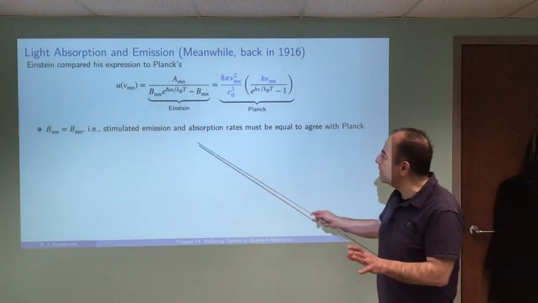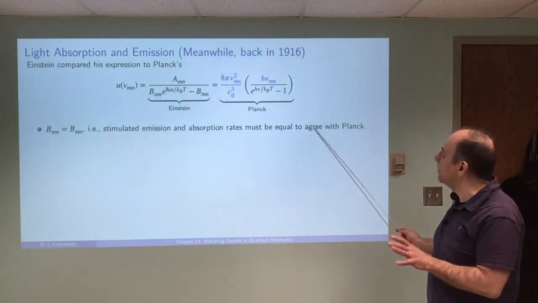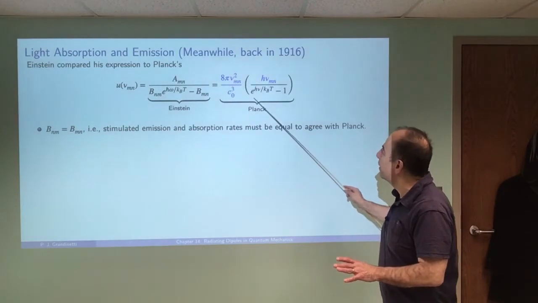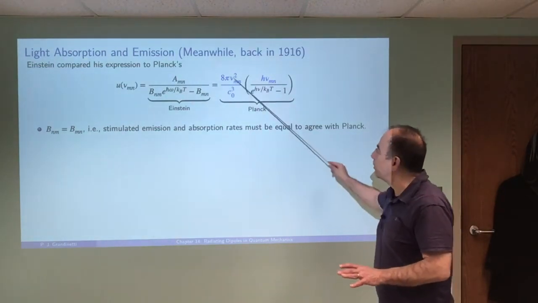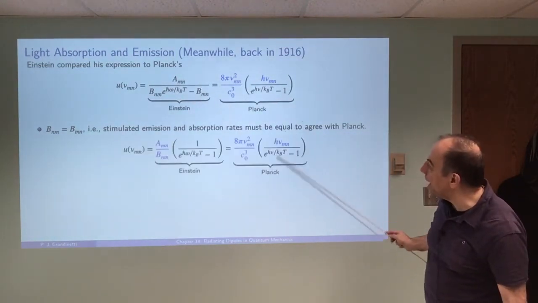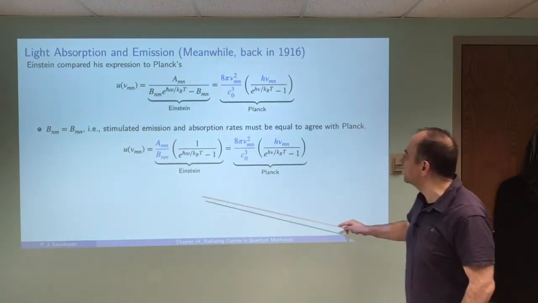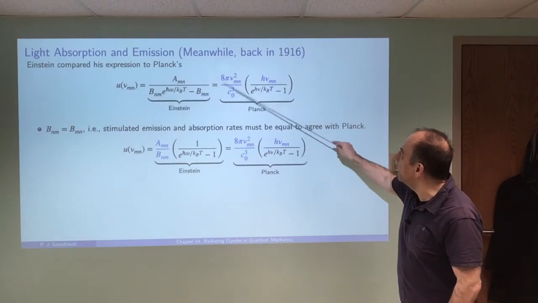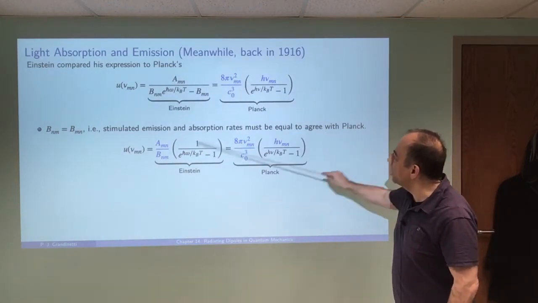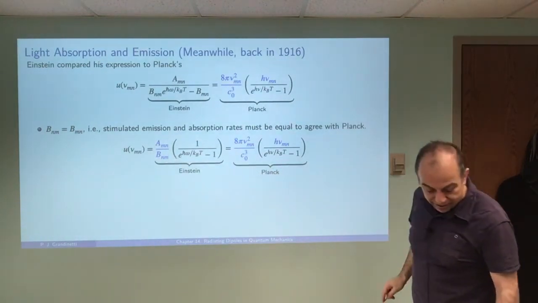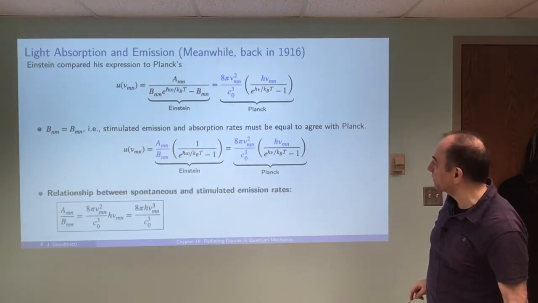So the stimulated emission and absorption rates have to be equal in order to get agreement of Einstein's expression with Planck's expression. So if you do that, then you can just have one value, which we'll write like this, and then we can identify this term from Planck with this ratio here in Einstein's expression.